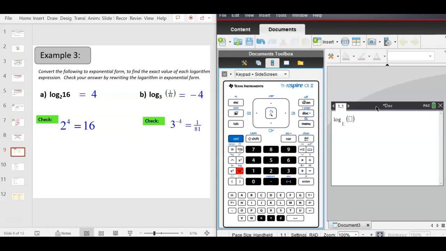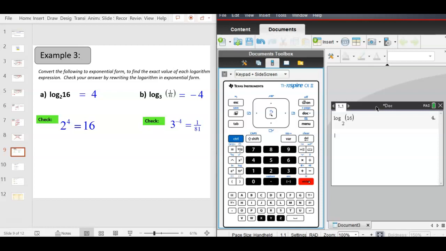So I put 2 on the bottom, go to the right, 16 in the middle, and I did get 4. Okay? There is a way to do this mentally, but this is the way you can just type it in and get the answer. Only if it's asking you to get the answer, okay?